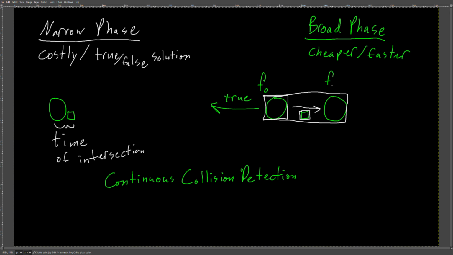And while our frames and our motions are discrete, what this means is we're actually subdividing the motion that we observed in the frame. We didn't just say that it started and ended with nothing in between. We analyze the in-between in continuous collision detection, and that could be through checking distances or checking times of intersections.